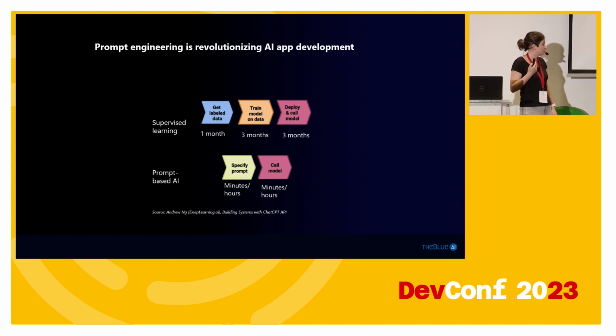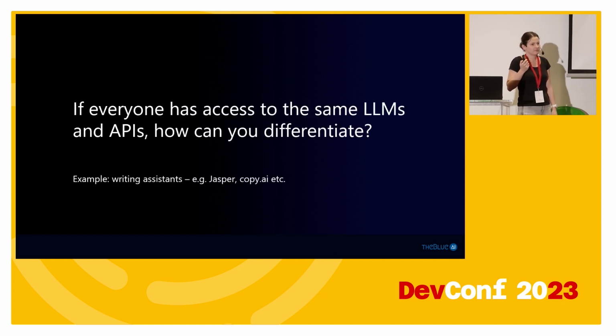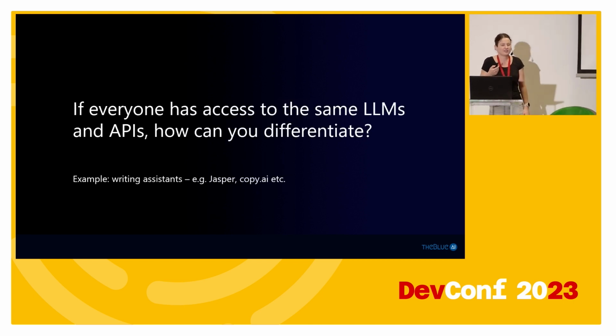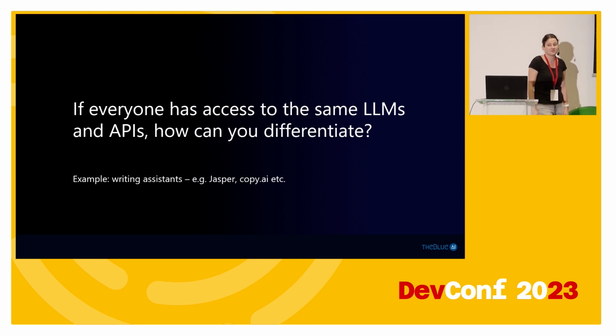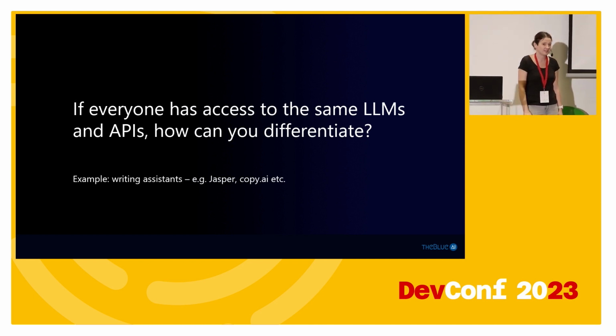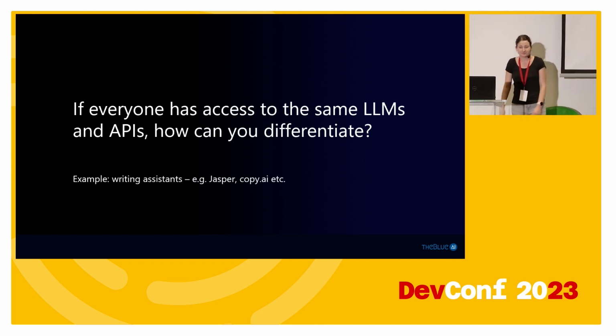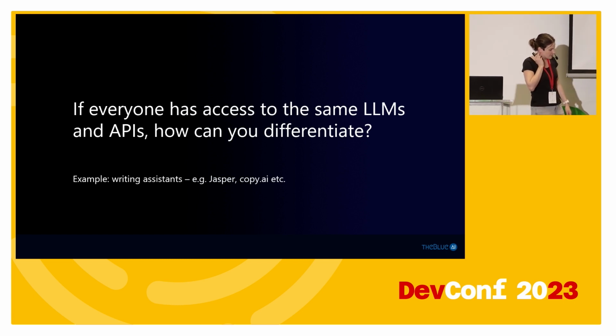in a few hours. But if we can do that, and everyone has access to the same APIs, then how can you differentiate? So there is also a quite nice comparison that I worked with regarding the writing assistants. I did that, I guess, in April, because I'm not sure if you're aware that there are really dozens of different writing assistants.